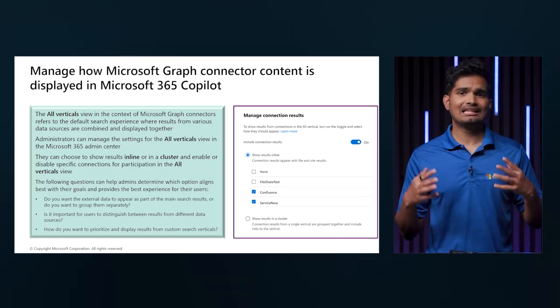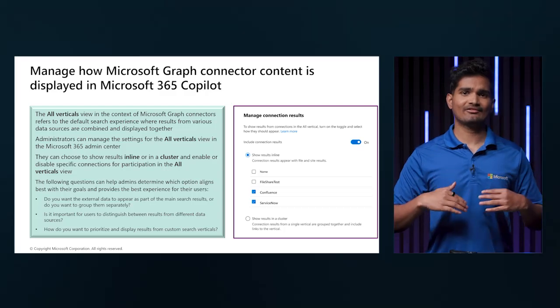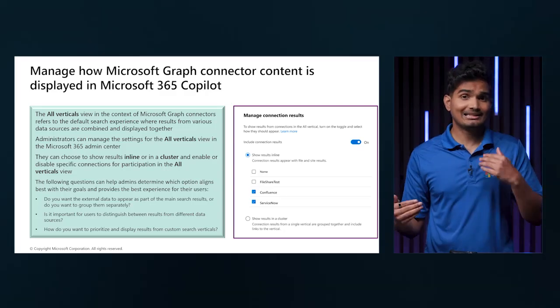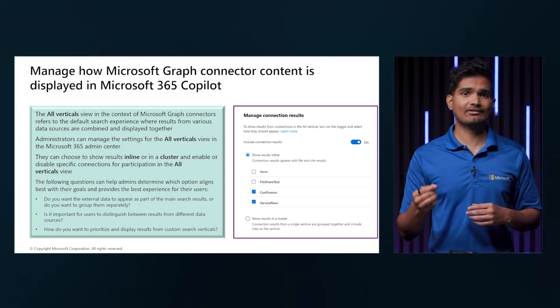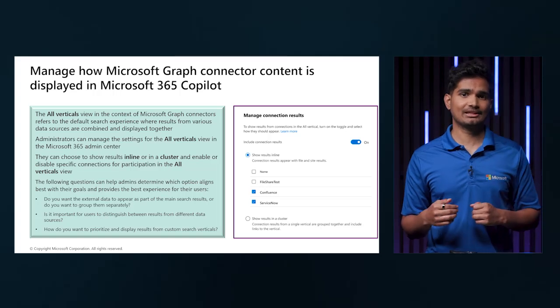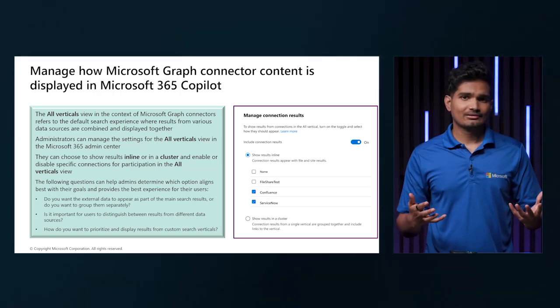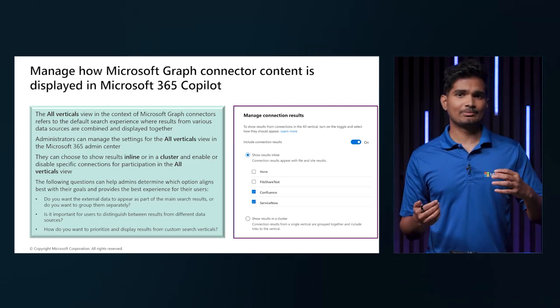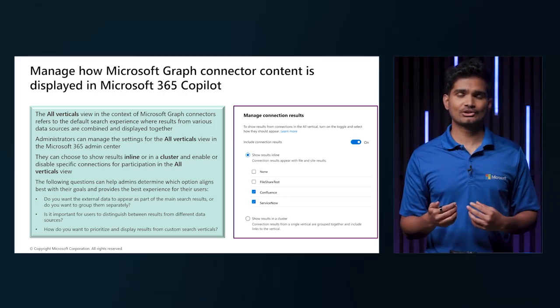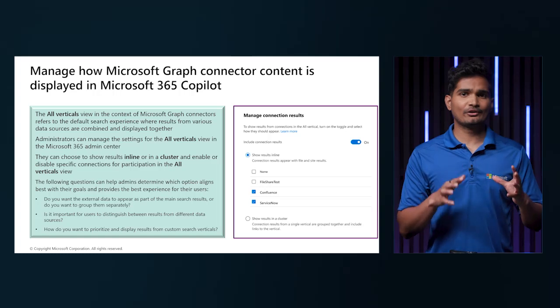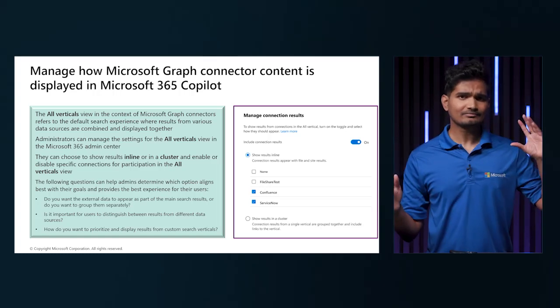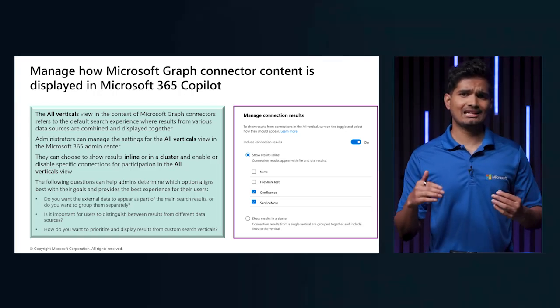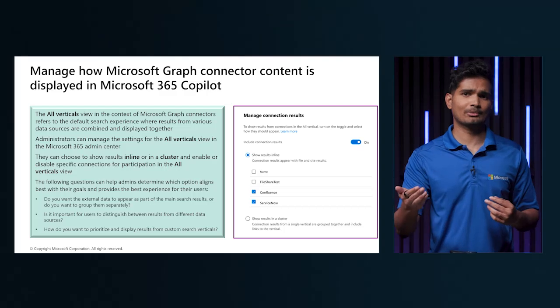This option keeps the external data distinct from the main search results, making it easier for users to identify and interact with specific data sources. Is it important for users to distinguish between results from different data sources? If it's important for users to distinguish results from different data sources, the cluster option is more suitable.